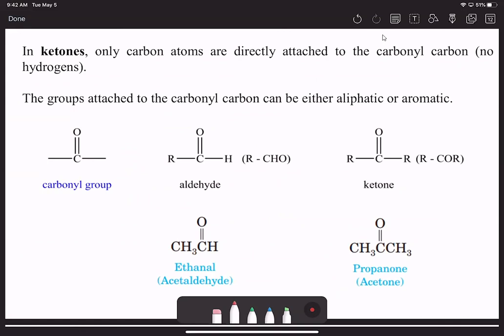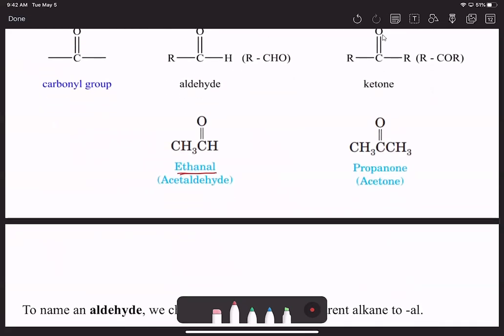So as far as ketones go, instead of an AL, we're going to end it with ONE. So instead of propanal, we'd have propanone, ONE, because it's a ketone, AL, because it's an aldehyde. So different naming conventions that we're going to have.